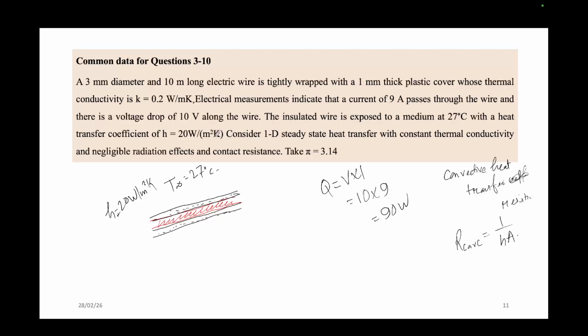Okay, let me solve this for you. In this question, what is given? The inner diameter of the wire is given as 3 mm.